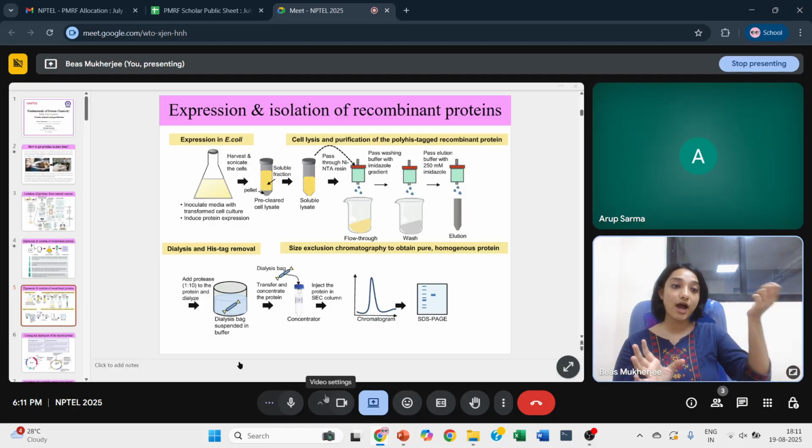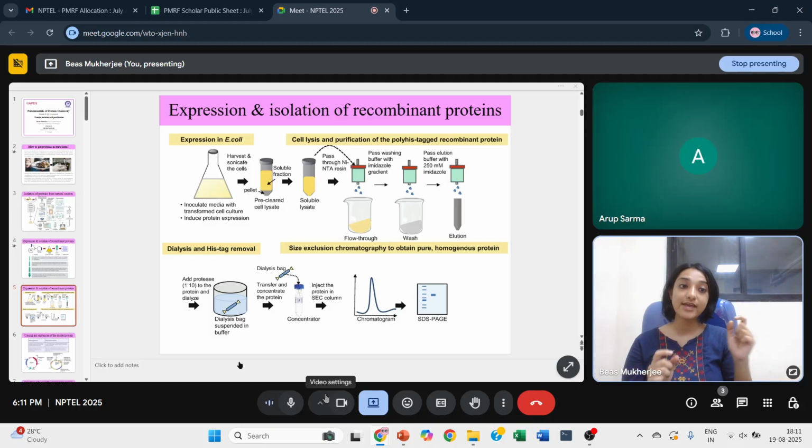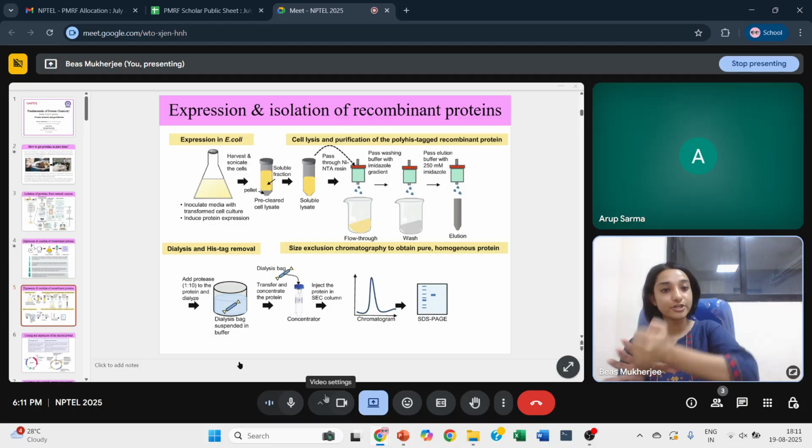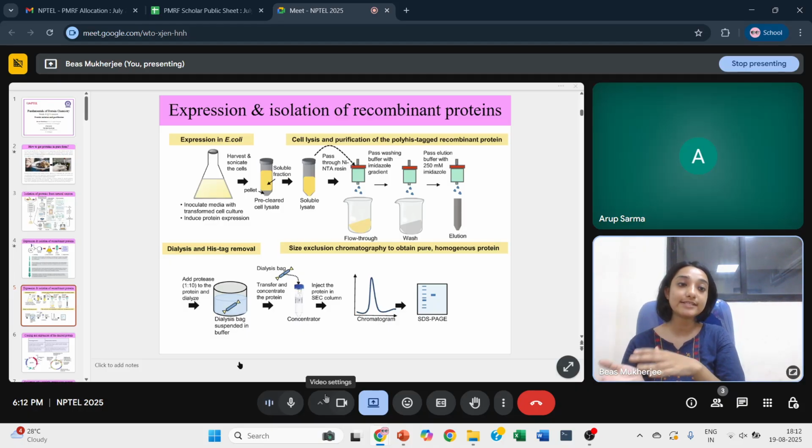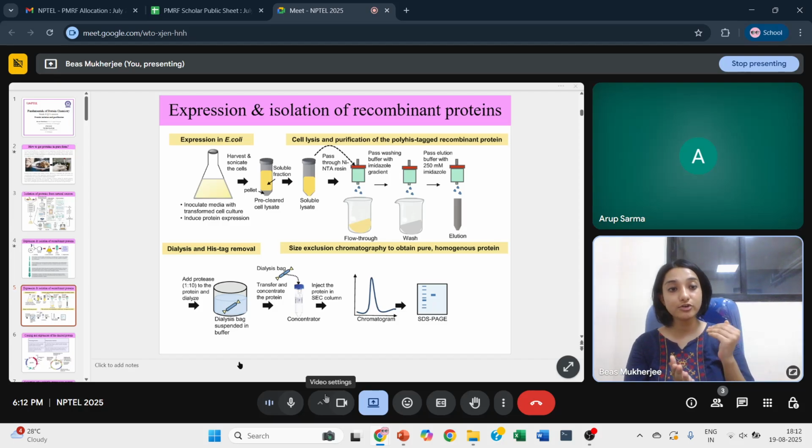Now from our bacterial culture that we have stored in the minus 80 degree refrigerator, or you can also take some colonies from a plate, you take the culture and dip it into the LB, and then this is grown for a particular amount of time depending upon how long it takes for that protein to express.